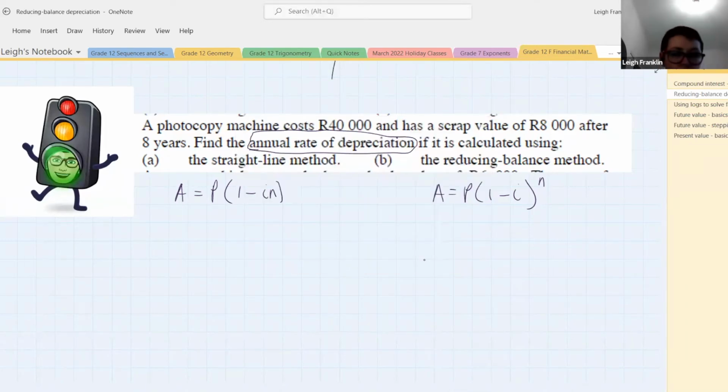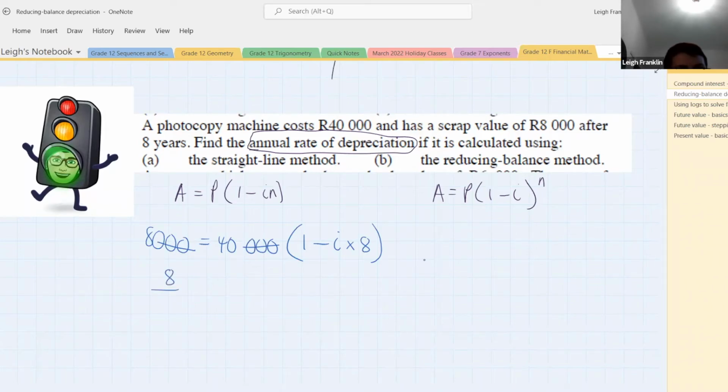Okay, so you would have said 8,000 equals 40,000(1 minus i) multiplied by 8. Remember, i is what we're calculating. What we can do here, just to make life a bit easier for ourselves, is knock 3 zeros off there and knock 3 zeros off there.